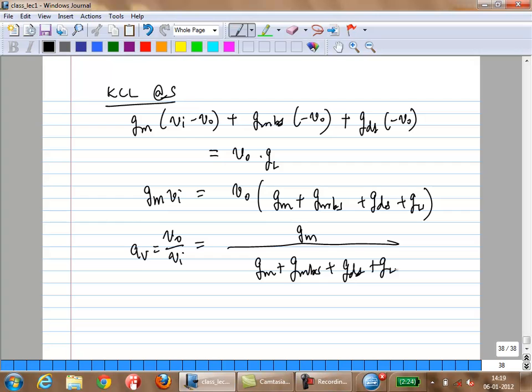And again, quite often you'll find that GM is much larger than GMBS, much larger than GDS. You can make rational approximations. You can show that this is approximately equal to 1. Okay, it will be slightly less than 1.